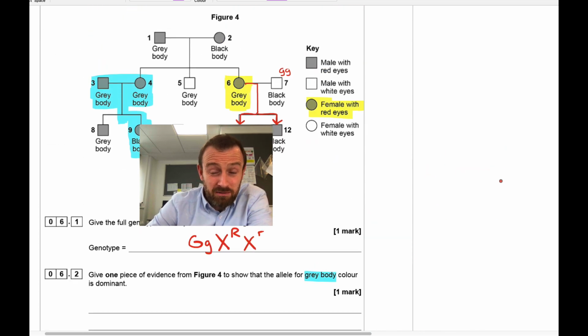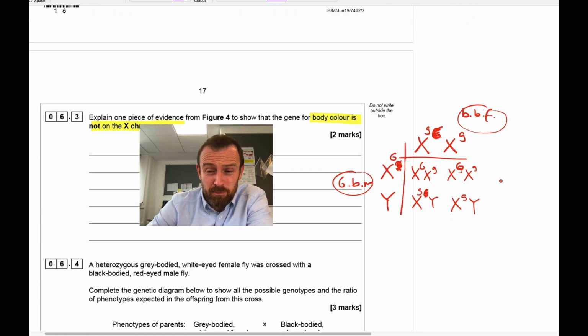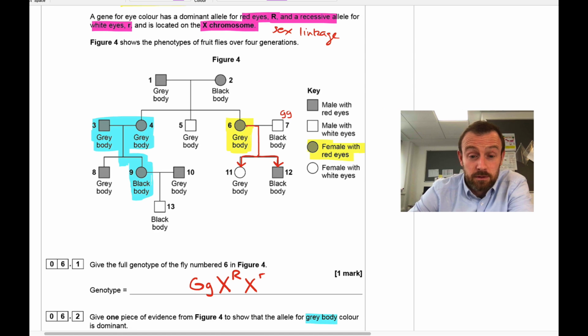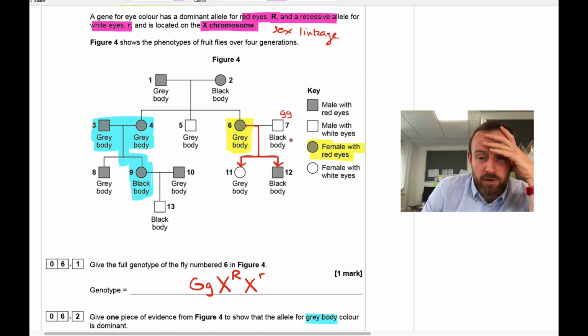Does that appear up here? So I'm looking for a grey-bodied male and a black-bodied female. Aha! Grey-bodied, oh no, that's the grey-bodied. I want a grey-bodied male. Here we go, grey-bodied male and a black-bodied female.